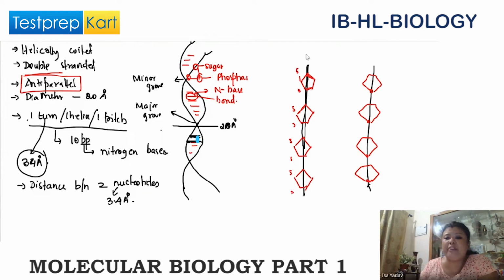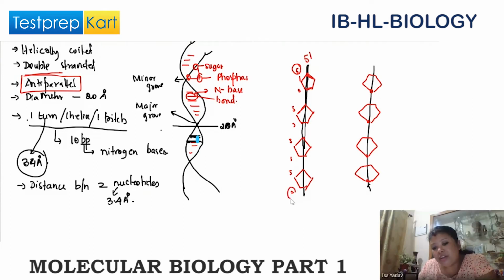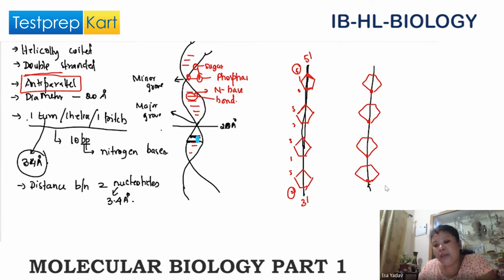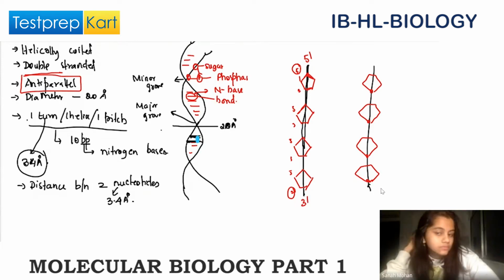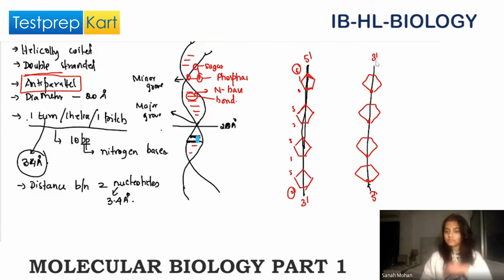So what do we have at the top? 5 prime, the 5 carbon atom. What do we have at the bottom here? 3 prime. Will this be the same? No, it's opposite. So what will be here? 5 prime. And here? 3 prime. Did you get that?